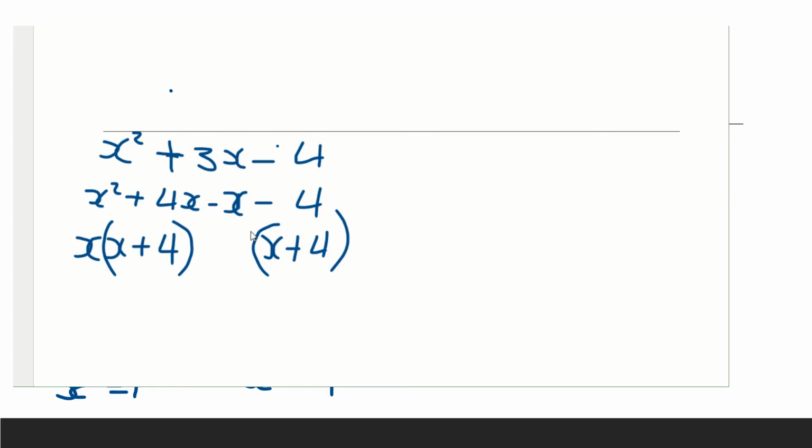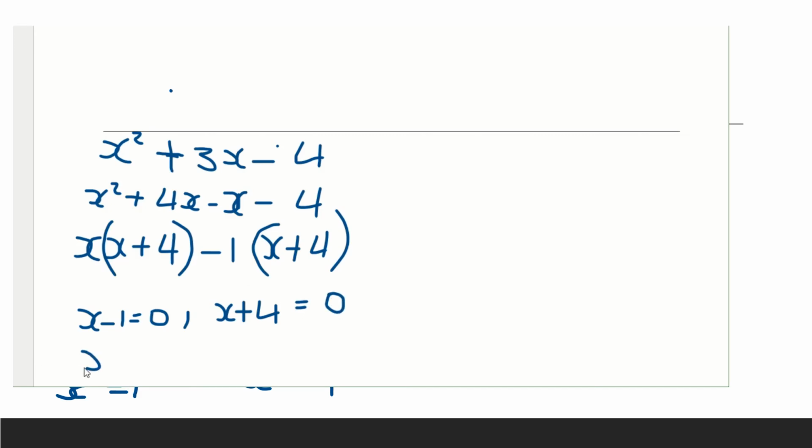What do we need to multiply x by in order to get negative x, and multiply 4 by in order to get negative 4? And of course, that would be minus 1. So now we'd have x minus 1, and that's equal to 0. And we'd have x plus 4, and that's also equal to 0.